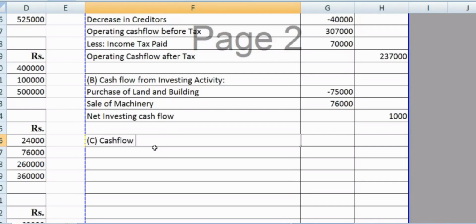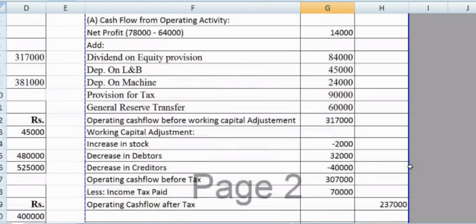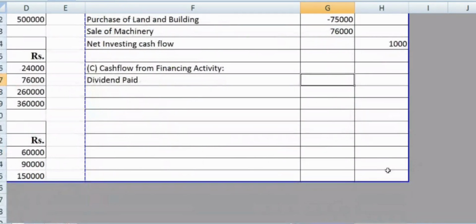Okay, and now the C and the last category, C, it is cash flow from financing activity. चलिए, in cash flow from financing activity, the first is dividend paid. What the amount of dividend paid? As we mentioned above, 84,000, correct? 84,000.